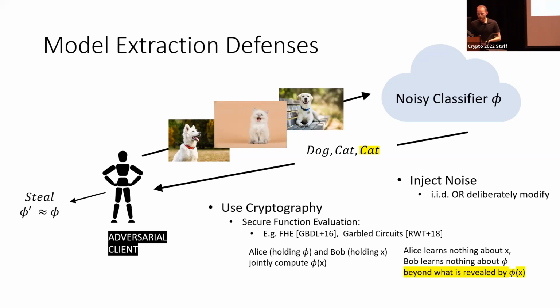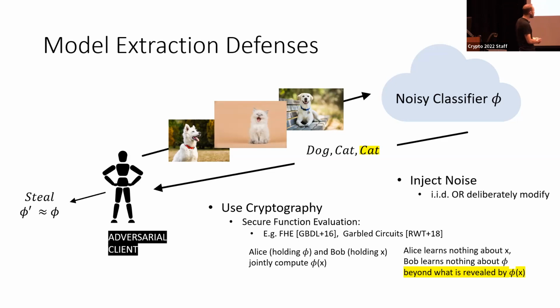Another thing you could do is use cryptography, and there's a bunch of proposals based off of secure function evaluation. In secure function evaluation, Alice, the model owner, and Bob, some client, would be able to jointly compute the output of the model on Bob's input in such a way where Alice would learn nothing about Bob's input and Bob would learn nothing about the model, but crucially, nothing beyond what is revealed by the output of this joint computation.